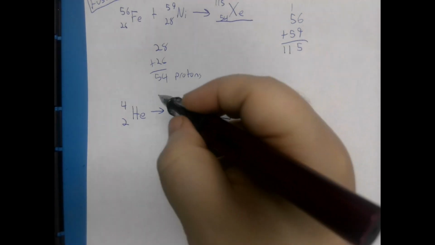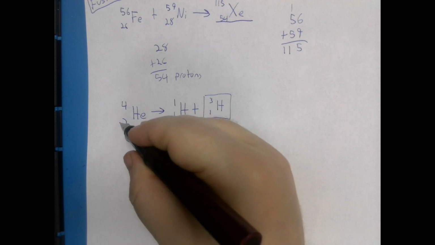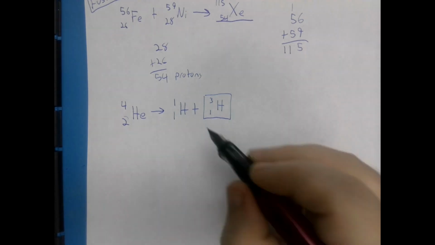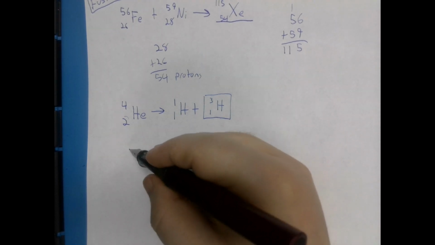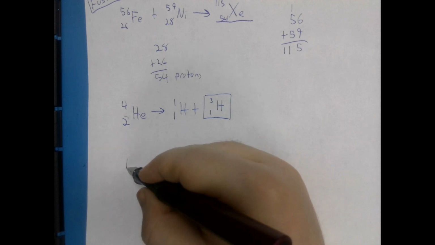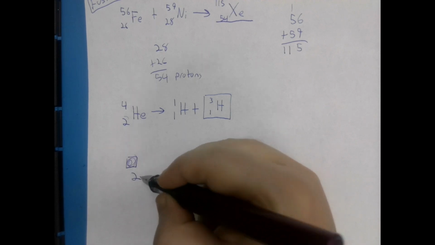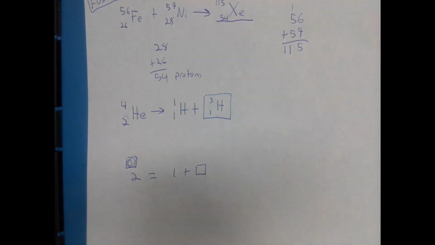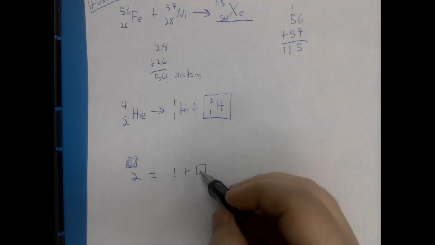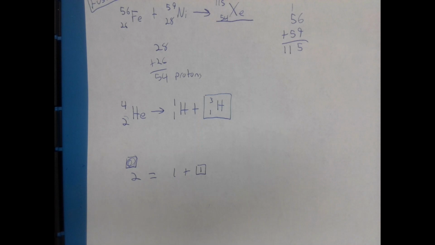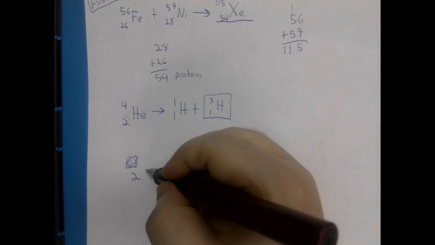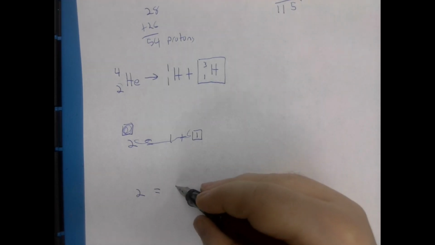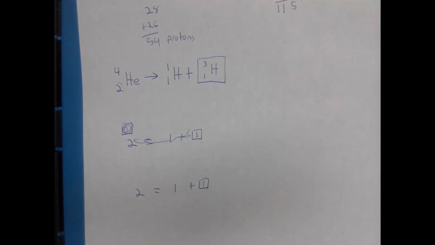So how did we come up with this? Well, we started out with 2 protons on the left, so there has to be 2 protons on the right. If we look at just the bottom numbers, we have 2 equals 1 plus the box. Surely you can do this algebra. So it has to be 1 there.